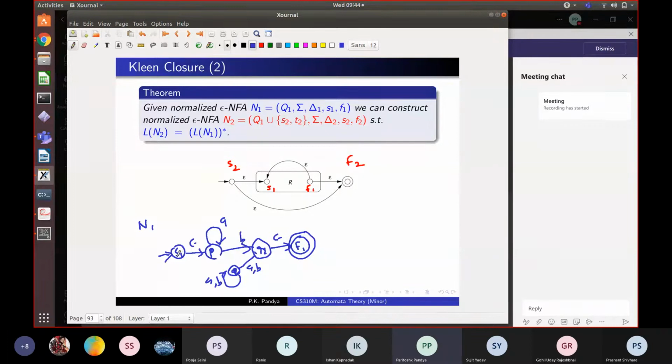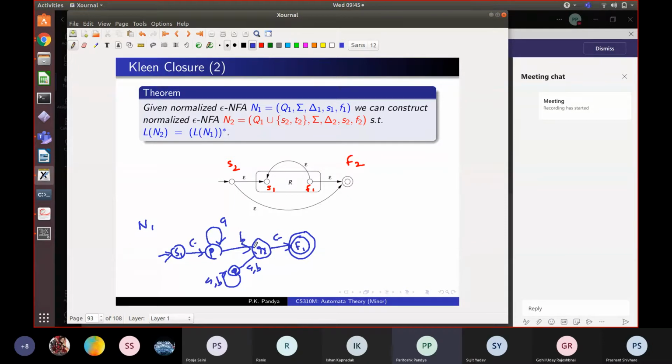What does it do? It begins with S1, and on an epsilon transition it moves to P. It remains in P as long as it sees only A's. Then it waits for a B to occur. If B is the last letter, it can do this epsilon transition and go to the final state. But after that B, if a letter A or B occurs, then it moves to this sink, reject state, and it will keep rejecting. So basically what language does it accept?